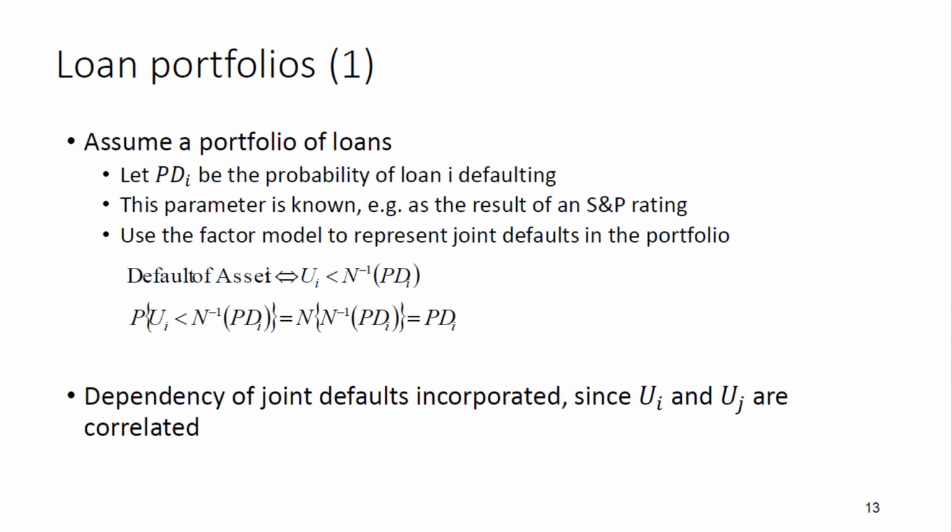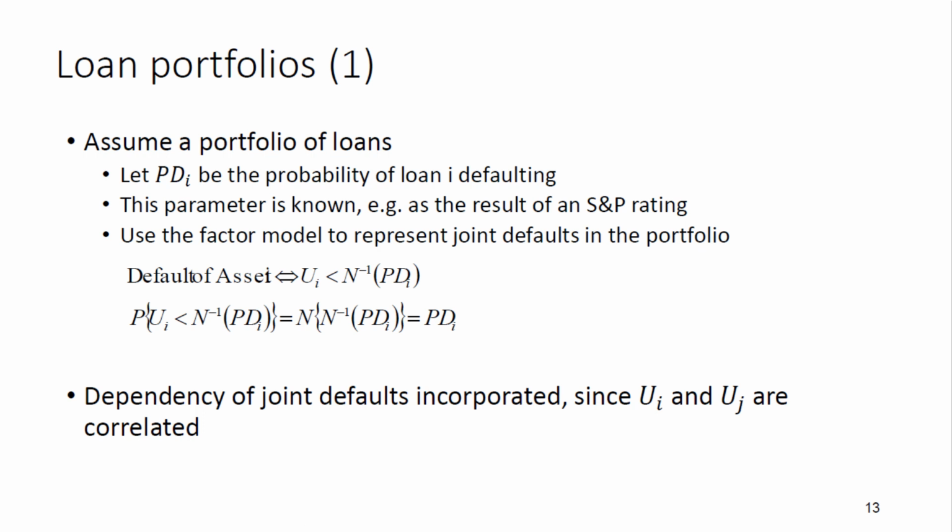And then the next question is: how could you apply this to a loan portfolio? I start with a portfolio of loans, let's say 1 million loans, and for each loan, denoted with loan I, we at least know its individual probability of default. PDI is the probability of default of asset I. This is something that a bank is required to determine for each individual asset in its portfolio.